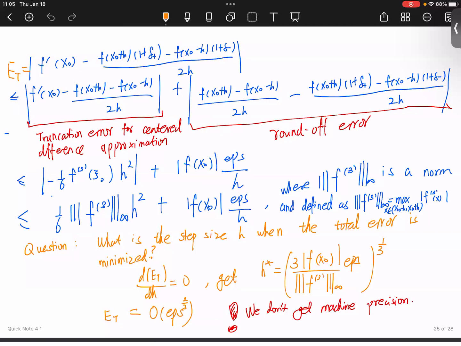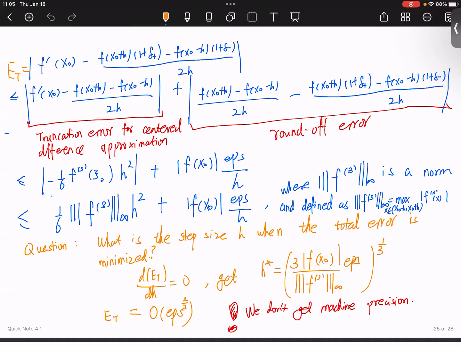If we want to minimize these errors, we want to do a minimization of this function of h. We do a minimization of this total error, and then we get the optimized step size h. Last time you asked me why I change this one to the infinity norm of the third derivative.